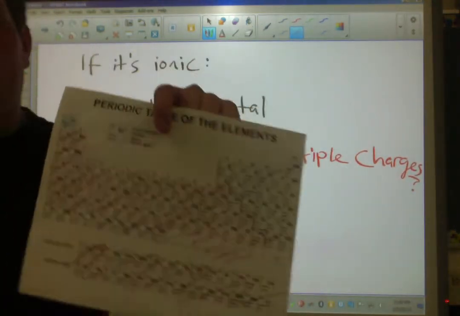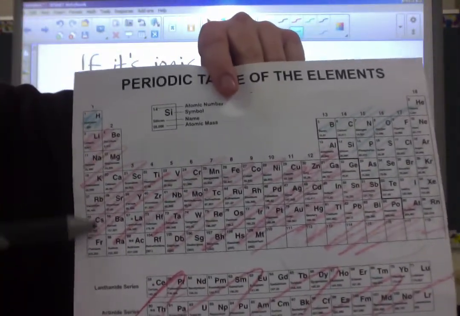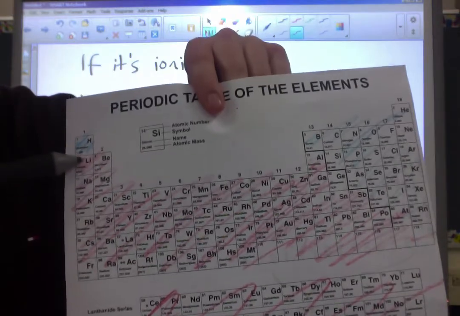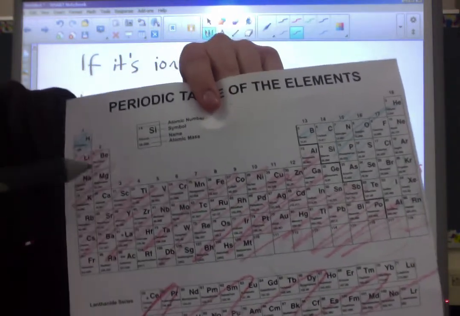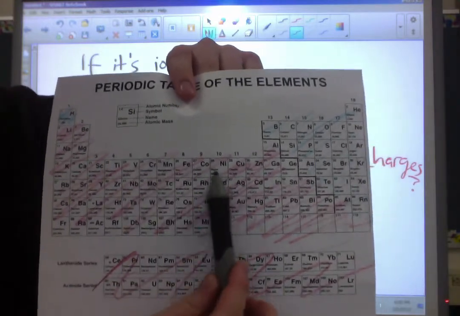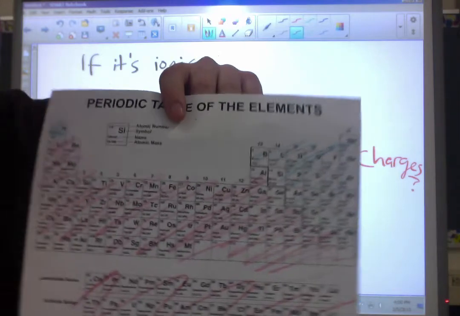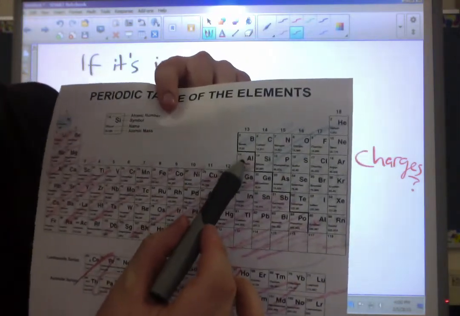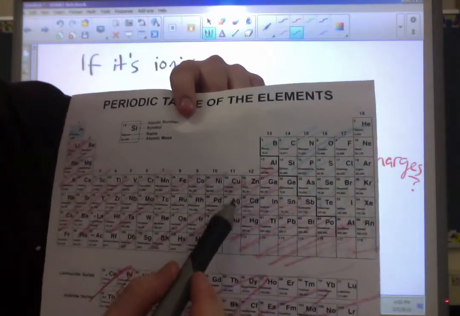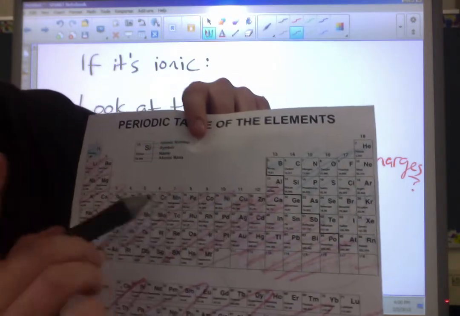So some of these metals can have multiple charges, others can't. These metals here in group 1A all have a charge of +1 always. These have a charge of +2 always. These are your transition metals that can have multiple charges, but there are a couple exceptions in here. Starting at aluminum, we do 3-2-1 rule. Aluminum is always 3+, zinc is always 2+, silver is always 1+.